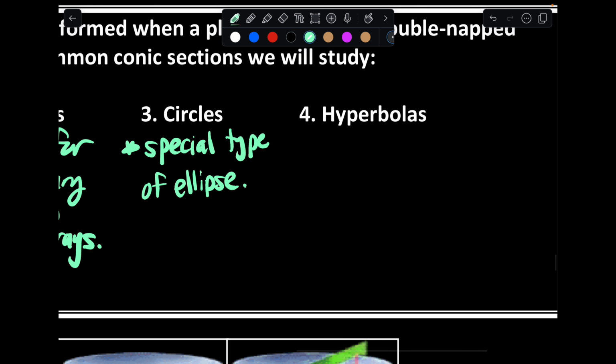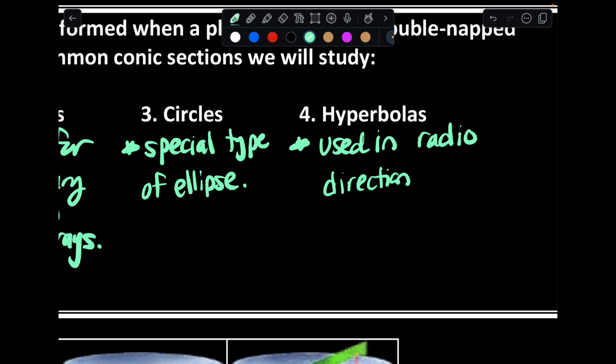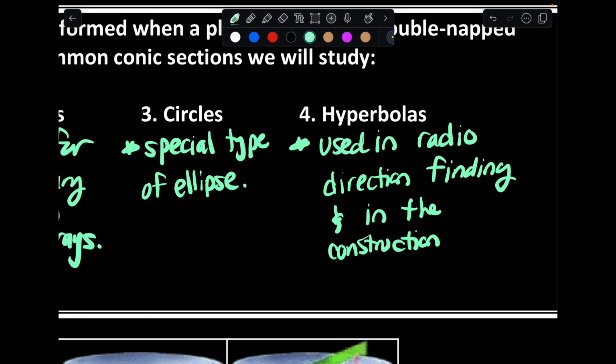And the last conic section, which is probably the most foreign, is called a hyperbola. This is used in radio direction finding, and in the construction of mirrors and telescopes.